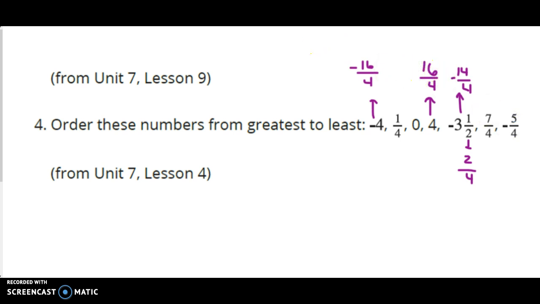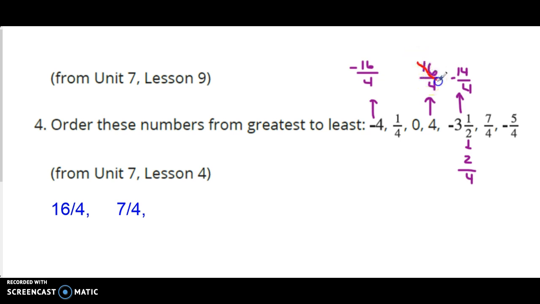So now I have to order them from greatest to least. So I'm looking for the biggest positive. The biggest positive is 16 fourths. Then I have 7 fourths. I'm just going to cross out the ones as I use them.